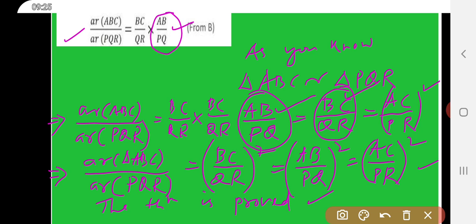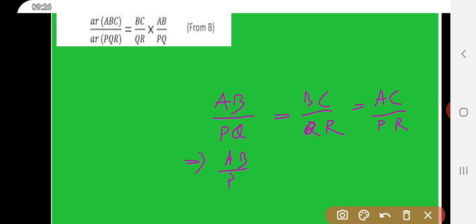Understood? As you know, AB by PQ, BC by QR, AC by PR are equal, which implies AB by PQ whole square, BC by QR whole square is equal to AC by PR whole square.